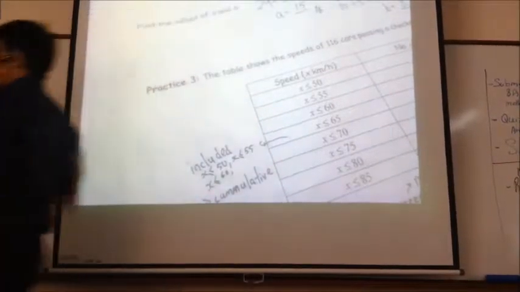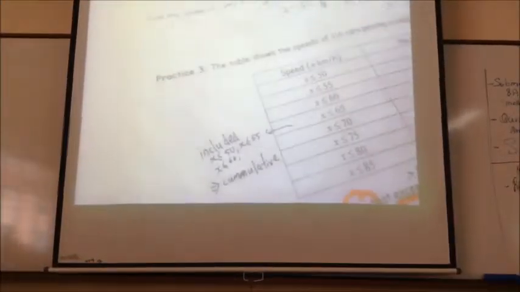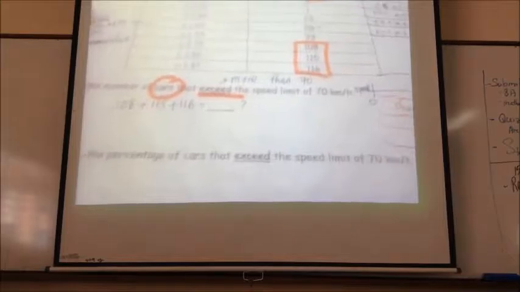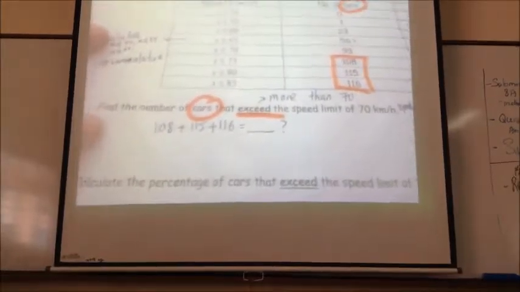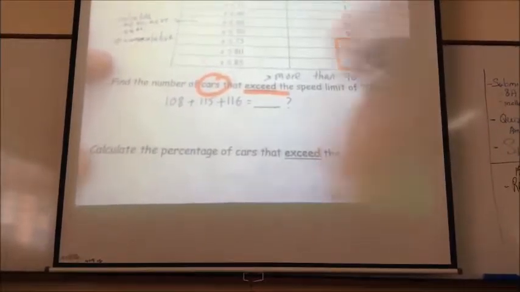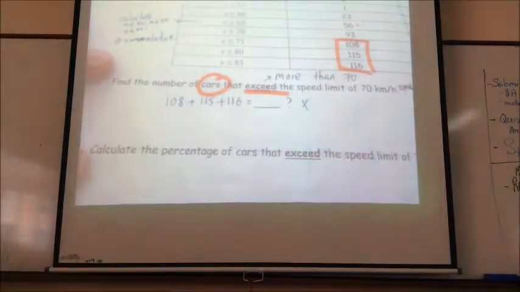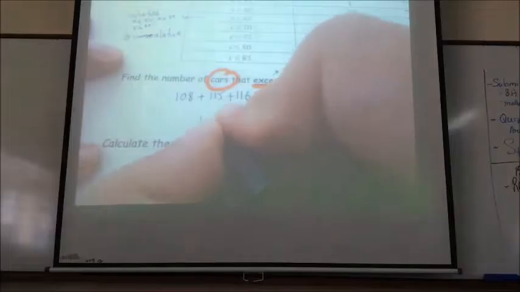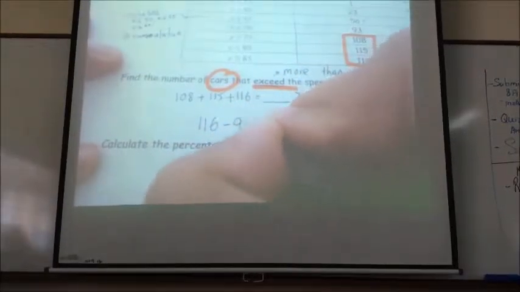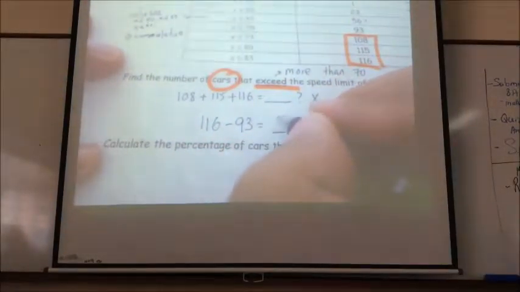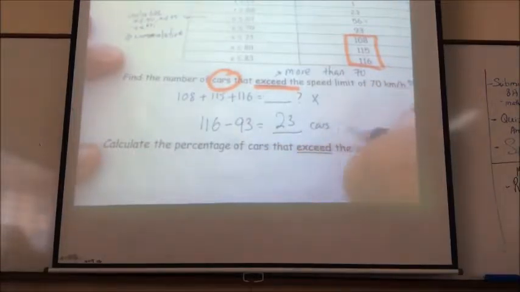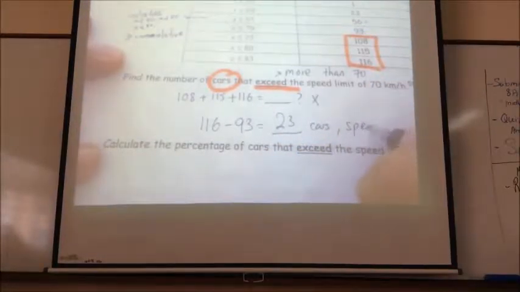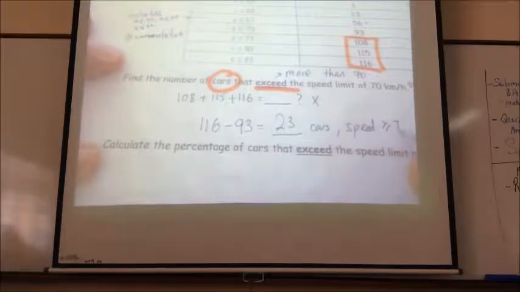Can follow? So this is wrong. So the correct answer should be 116 minus 93. And what's the answer? 23 cars with speed more than 70 kilometers per hour.